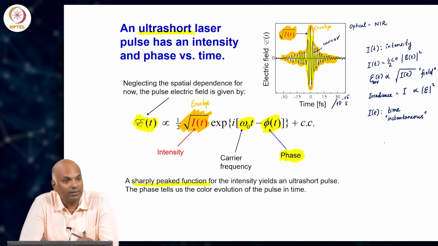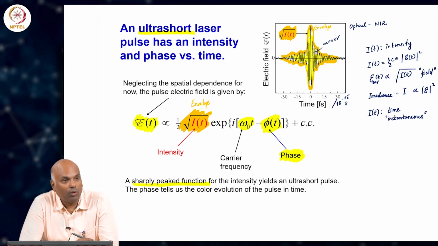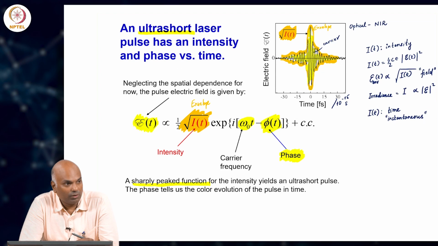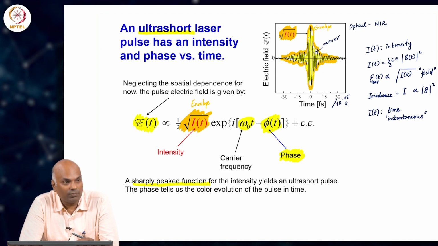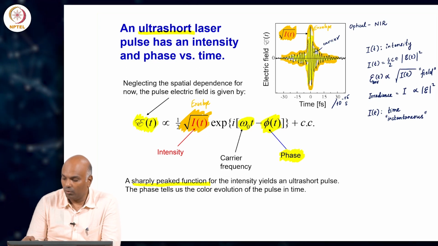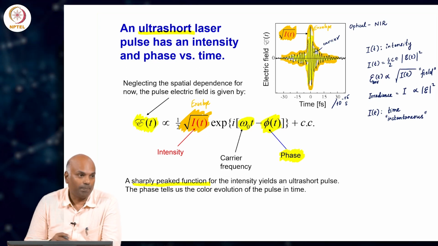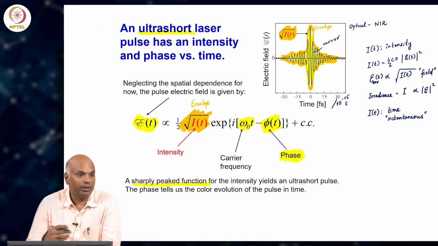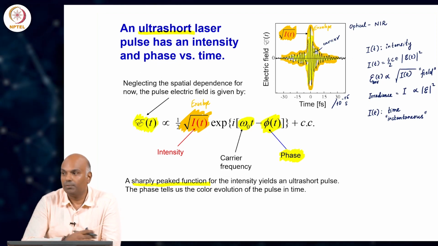Whereas, irradiance, or the energy of a pulse, are quantities which could involve some kind of integral over the electric field in time. They need not be instantaneous, they could be a cumulative description of something.